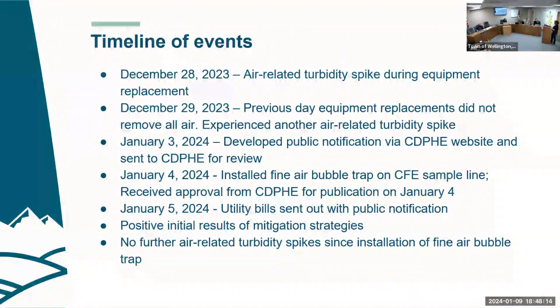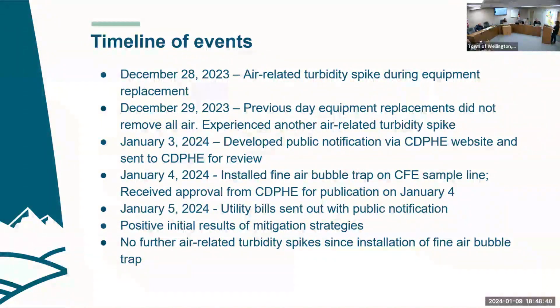So there's this sort of like circular chasing our tail a little bit. So that's essentially what happened to us on the 28th. On the 29th, we had another air-related turbidity spike in the exact same location, only that singular location. Identified that the couple of pieces of equipment we had put in the previous day didn't fully solve the problem that we had at hand.